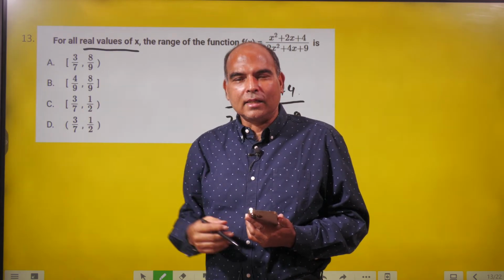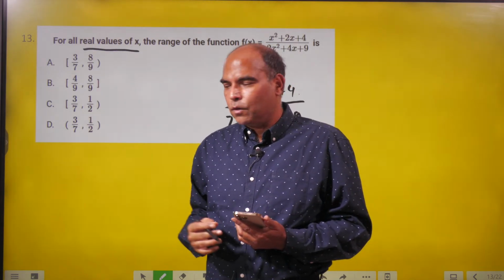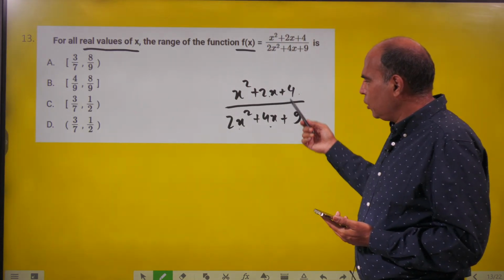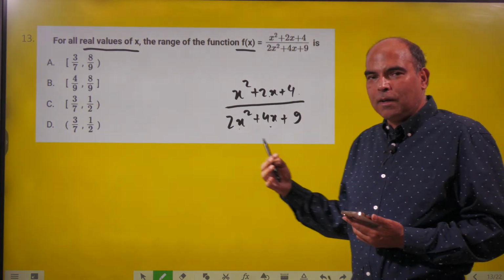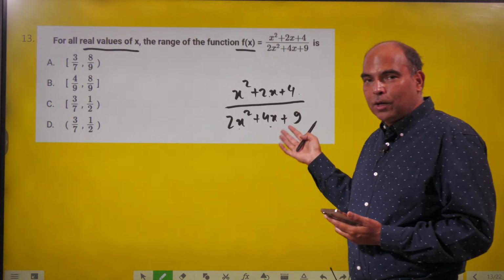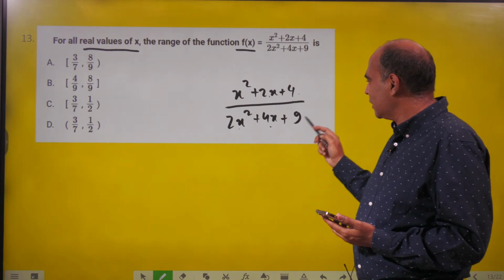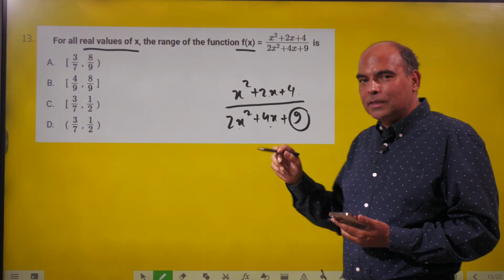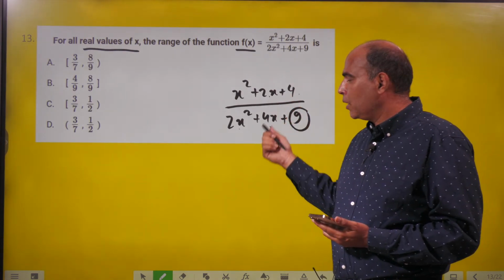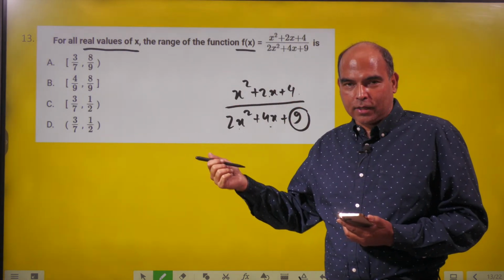You can put x as 10,000, you can put x as 1 crore, whatever you want. In which case, the ratio of the numerator and denominator will keep tending towards 1 by 2. And it will never reach 1 by 2, because this component of the denominator is just slightly more. If this was 8, it would be exactly half. 1 by 2 would be the exact value no matter what you put for x.